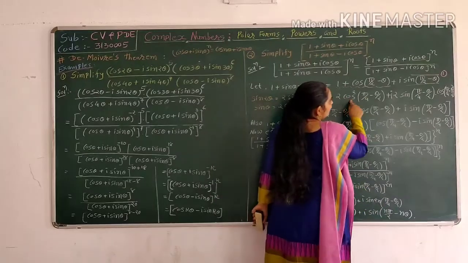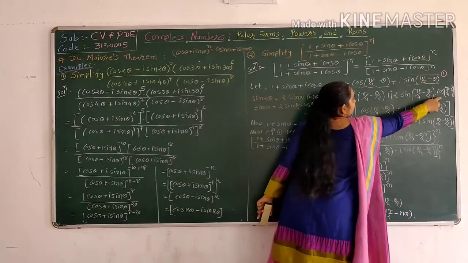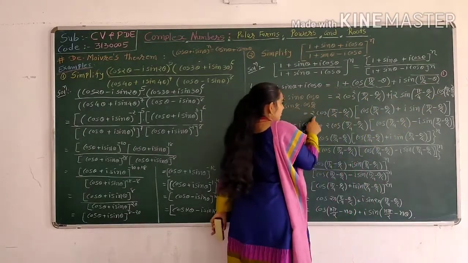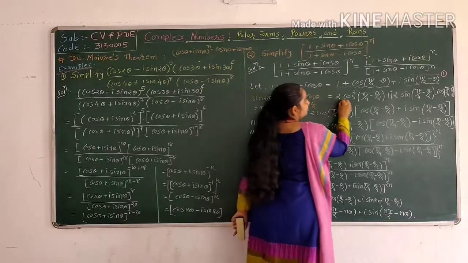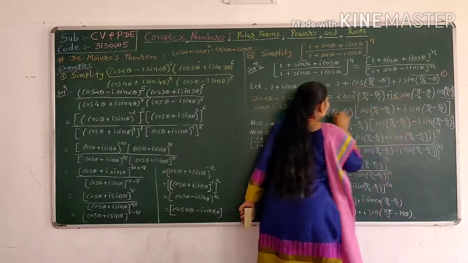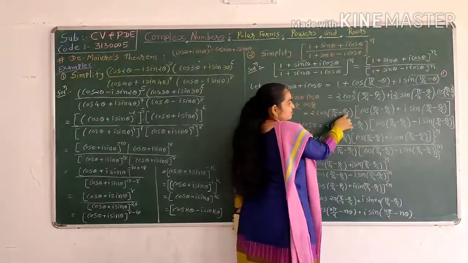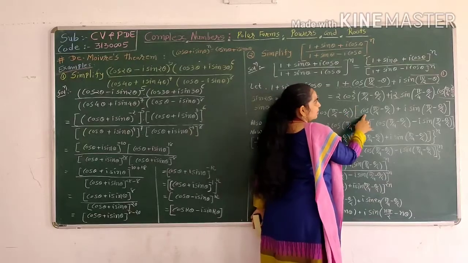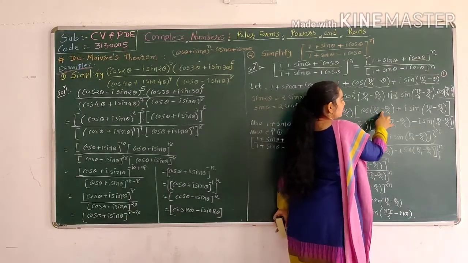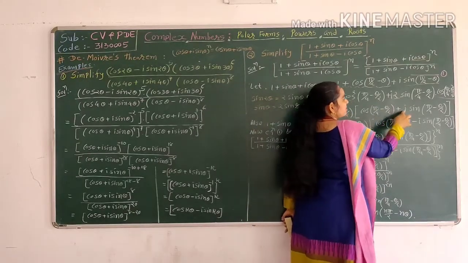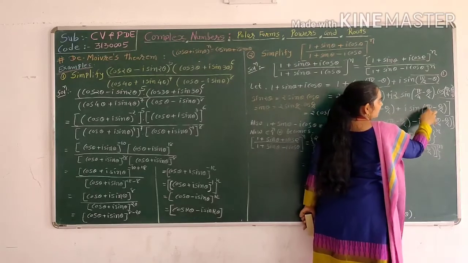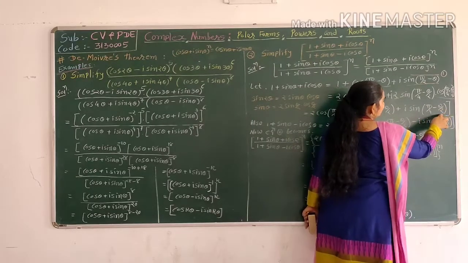Now cos(pi by 4 minus theta by 2) is common, then outside, therefore 2 cos(pi by 4 minus theta by 2) in bracket cos(pi by 4 minus theta by 2) plus i sin(pi by 4 minus theta by 2).